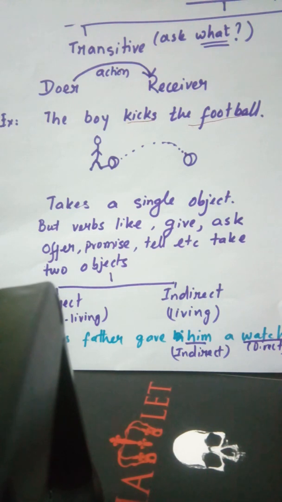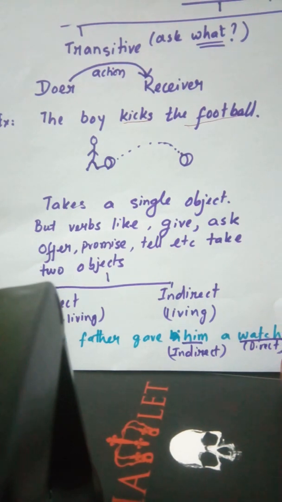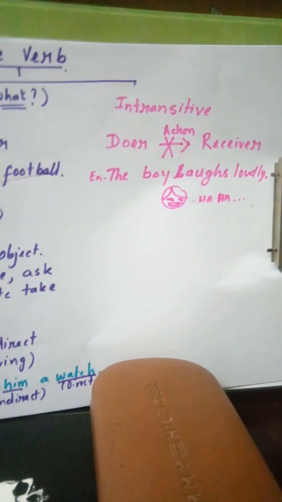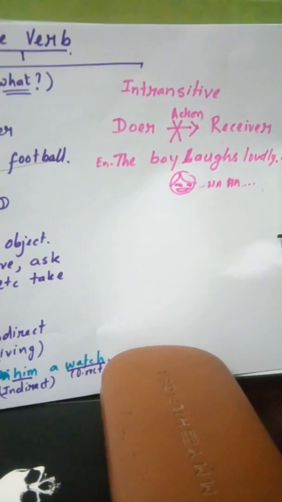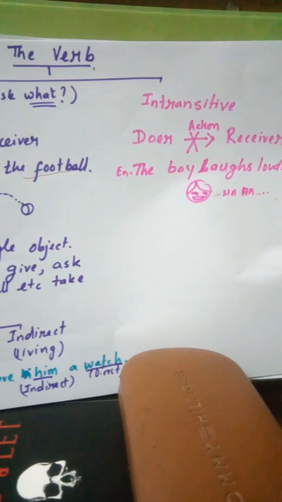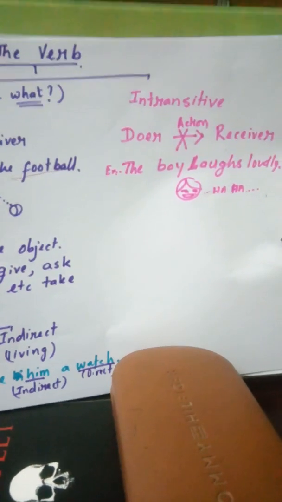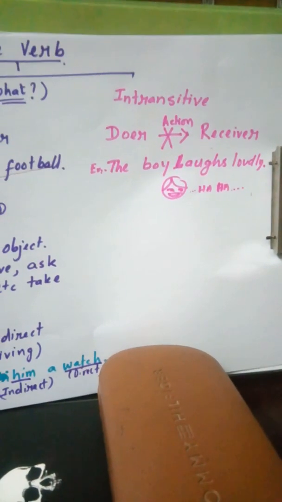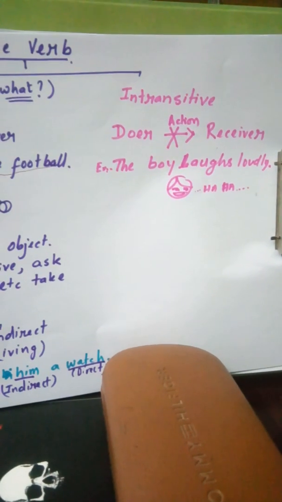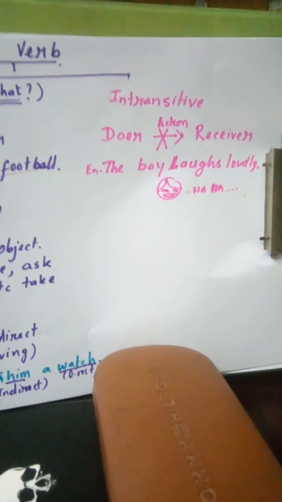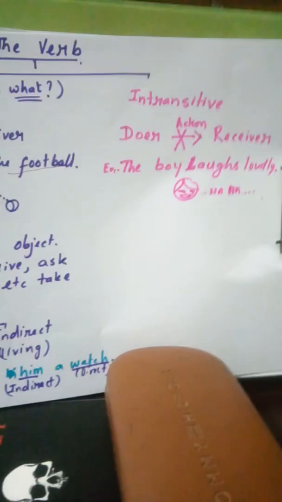So this is transitive. On the other hand, let's take a contrasting image of the intransitive verb. Here, the main distinction is the action does not affect a receiver, or more so it does not have a receiver. If we say the boy laughs loudly, does the action have a receiver? I believe no. The boy laughs what?